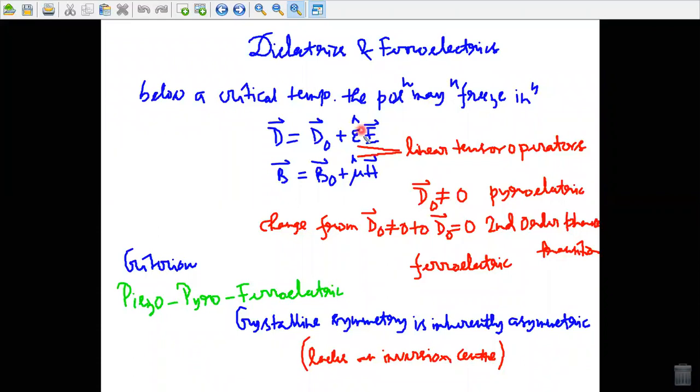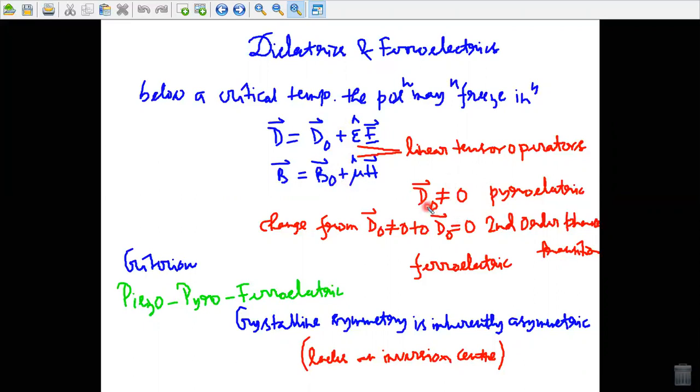The quantity epsilon is called the electrical permittivity or dielectric function, and mu is called the magnetic permeability.